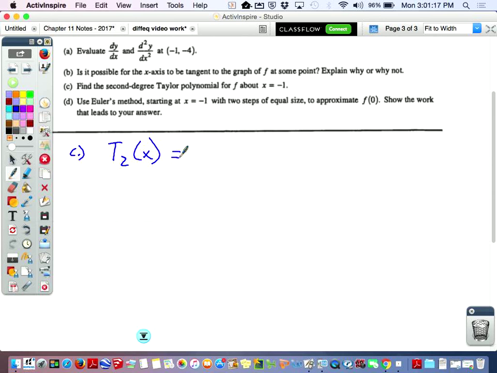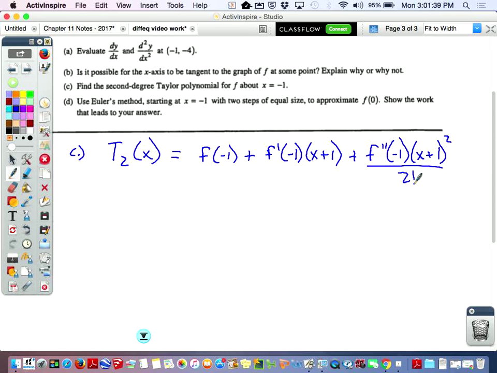That means it's centered at x equals -1. So our terms for that would be f of -1 plus f prime of -1 times x plus 1, and then we get f double prime of -1 times x plus 1 squared all over 2 factorial.